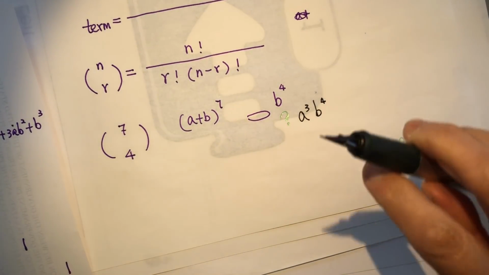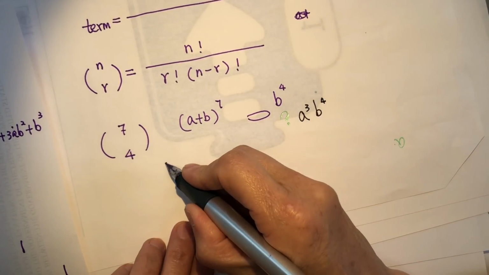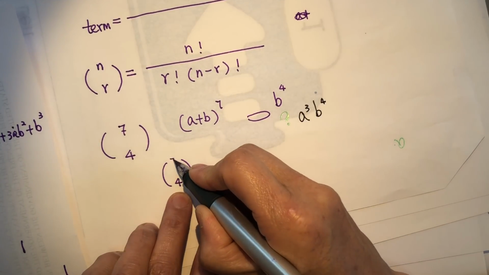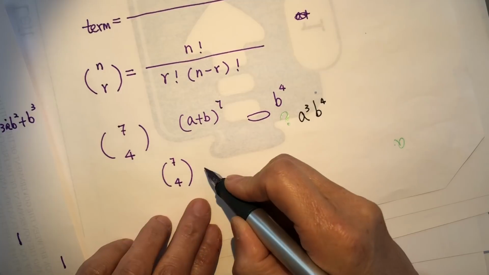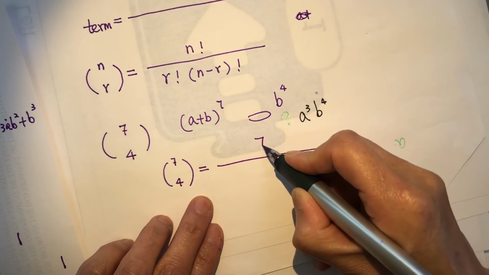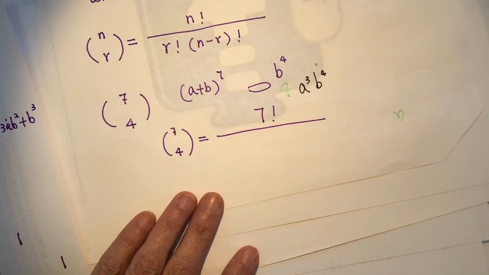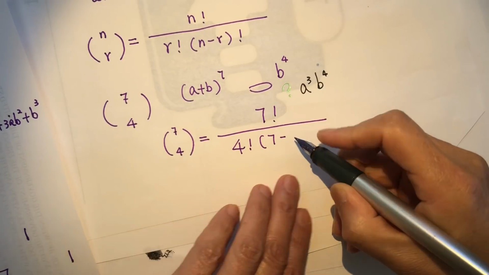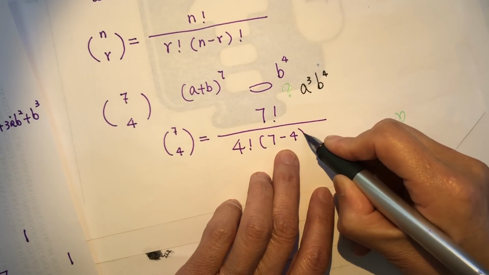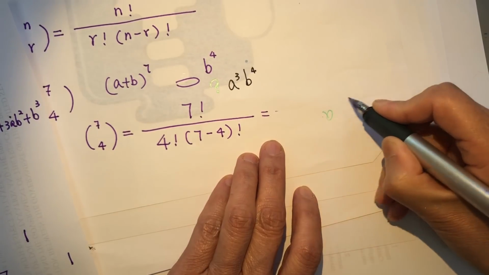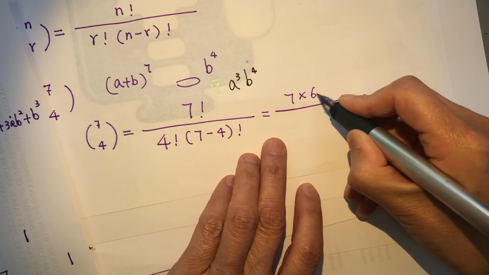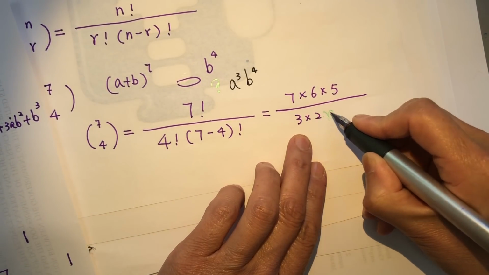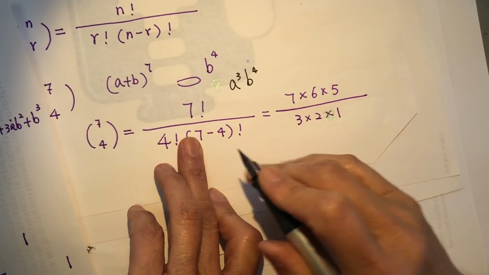So we can use this formula: 7 choose 4 equals 7 factorial over 4 factorial times (7 minus 4) factorial, equal to 7 times 6 times 5, 4 factorial will be out, over 3 times 2 times 1, right?